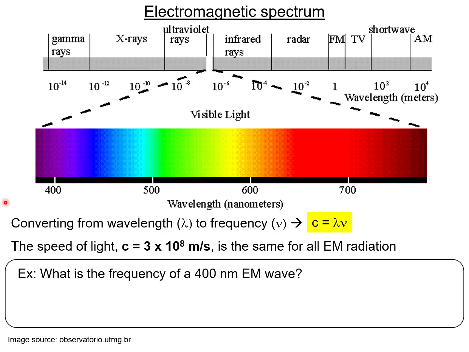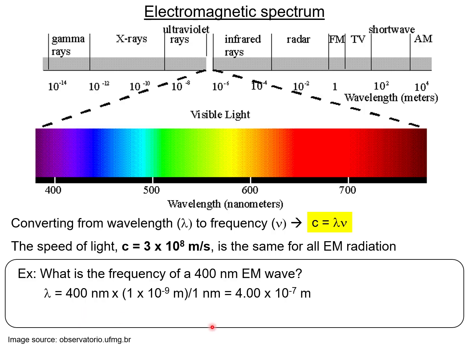So just an example: what's the frequency of a 400 nanometer wave? Now this is where you've got to be careful with your units. The speed of light is in meters per second, so that means we have to convert our nanometers into meters. One of the real handy shortcuts is wherever you see a nano, put in a times 10 to the minus 9. Then just punch it into the calculator and hit equals, and it will do the conversion for you.